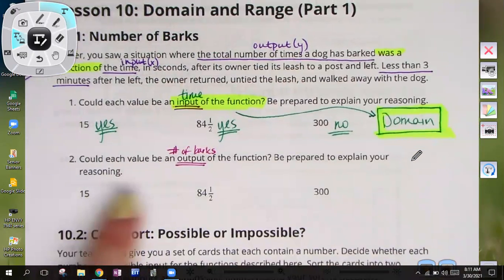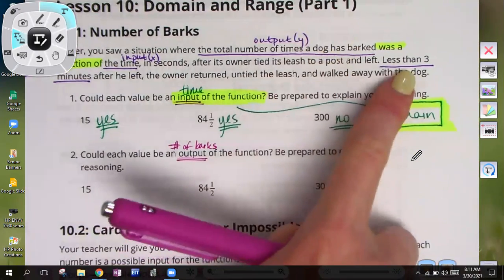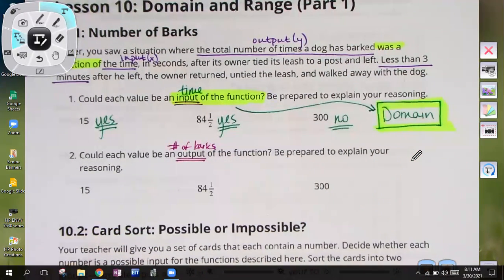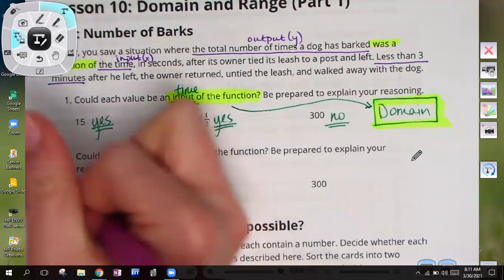So our output is talking about the number of barks. We're going to see if these are reasonable amounts of barks that could have happened within this time. Now, we don't have any constraints like we did with time, where it says less than 3 minutes. So we just have to think, is that possible for this situation? Could the dog have barked 15 times? Yes, that seems reasonable.